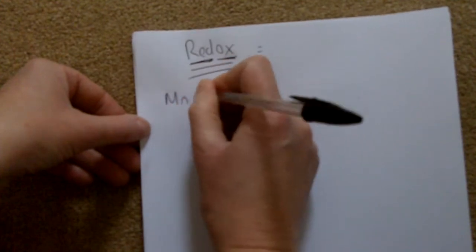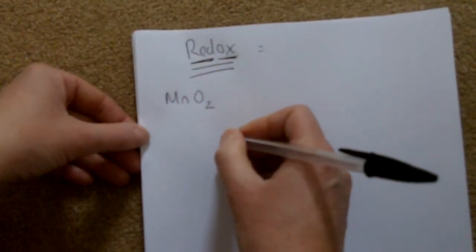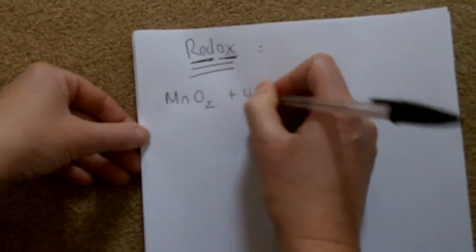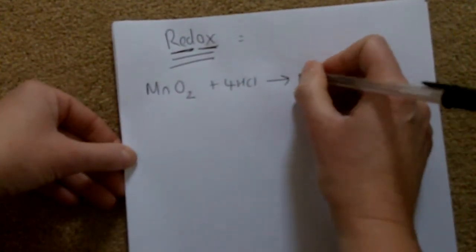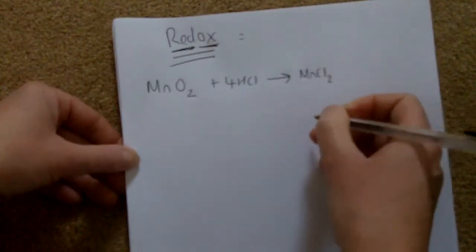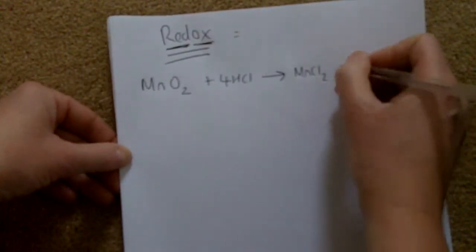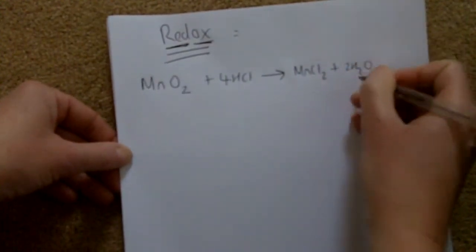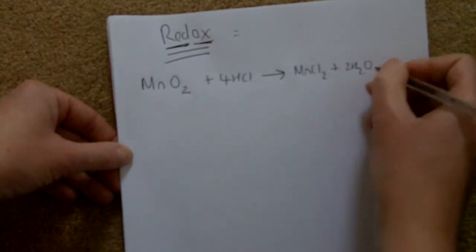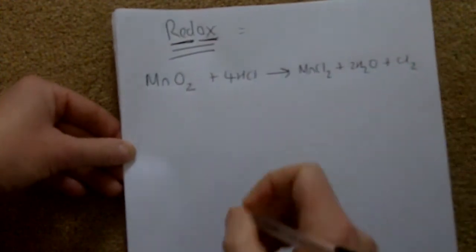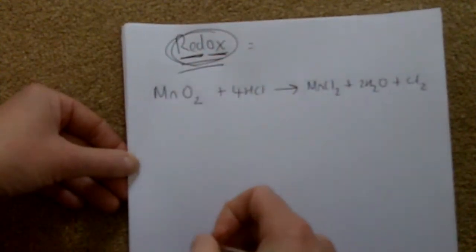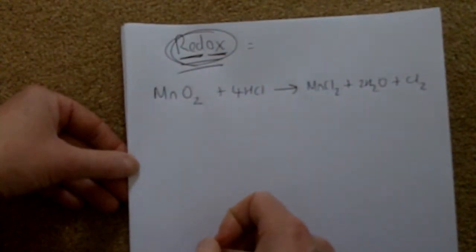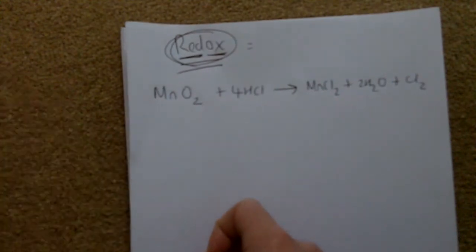For example, take this equation: MnO2 plus 4HCl goes to MnCl2, manganese dichloride, plus 2 waters plus Cl2. It's quite complicated, and it's difficult to see if a redox reaction is taking place. Is reduction taking place? Is oxidation taking place?